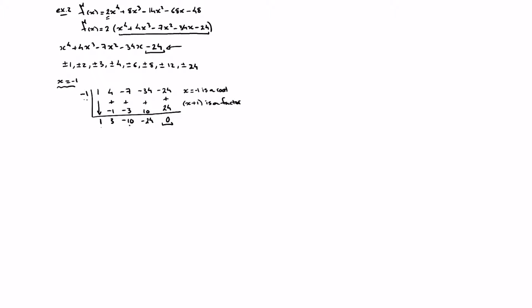And we also have the coefficients of the quotient polynomial, which I'll call q1 of x. So at this stage, I'll write this on the side here, we can already state that our polynomial, x to the power of 4 plus 4x cubed minus 7x squared minus 34x minus 24, equals x plus 1 times q1 of x, which is a cubic polynomial whose coefficients are all listed at the bottom of our table.